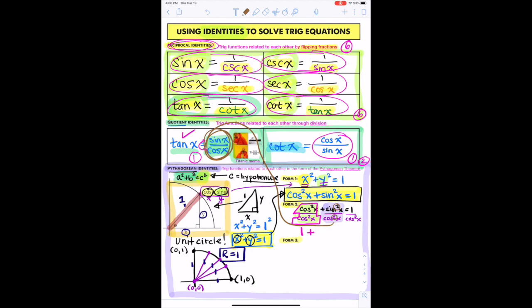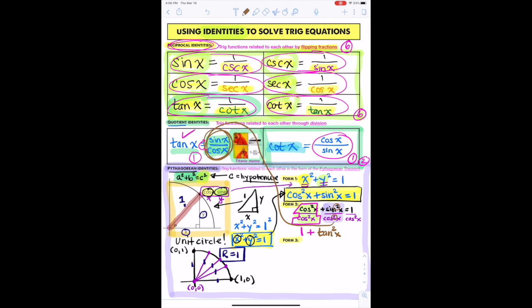What's sine divided by cosine by itself? That's tangent. So another way of saying sine squared divided by cosine squared is tangent squared.